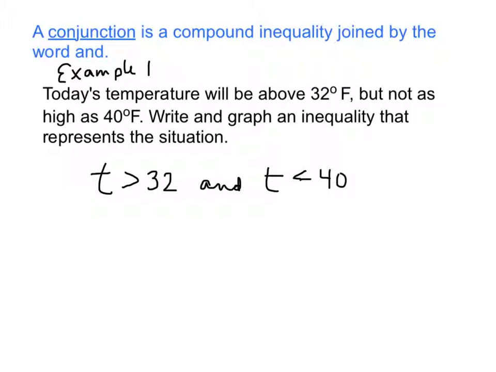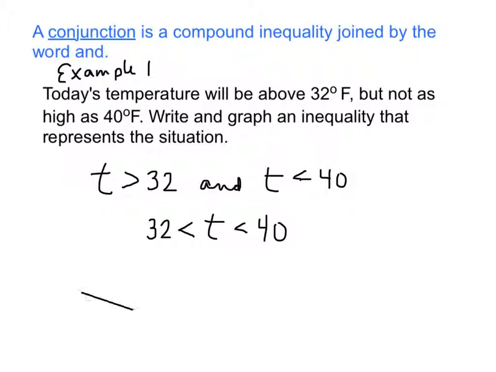So we can write this as a conjunction. 32 degrees is the lowest. The temperature has to be greater than that, but it has to be less than 40. This would be read as 32 is less than T, which is less than 40. This is a conjunction. This also states that T, the temperature, is between 32 and 40.